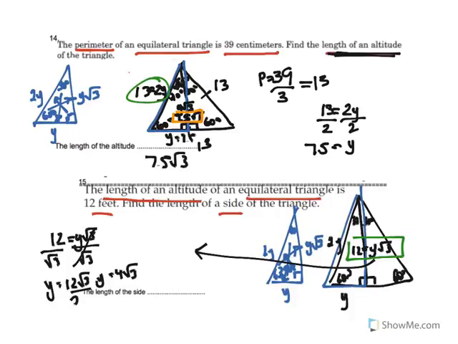So now I put that y value back into the figure. 2y equals 2 times 4 square root of 3, which gives me 8 square root of 3. And this side here is 12. So they're asking me what the length of each side is. Well, I found the length of this side to be 8 times the square root of 3. It's an equilateral triangle, so all sides are equal. Therefore, the length of a side equals 8 square root of 3.